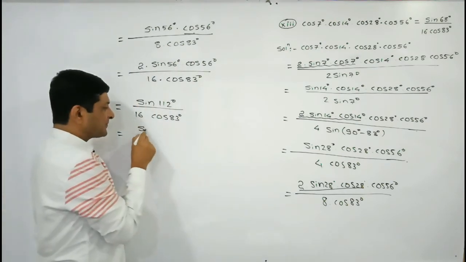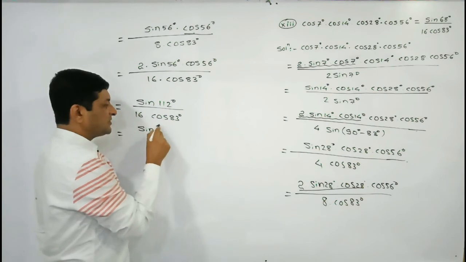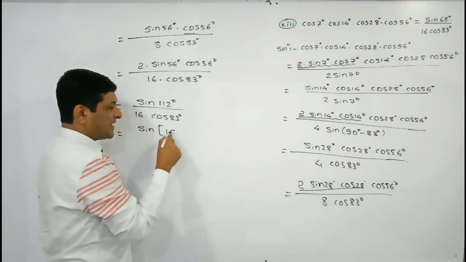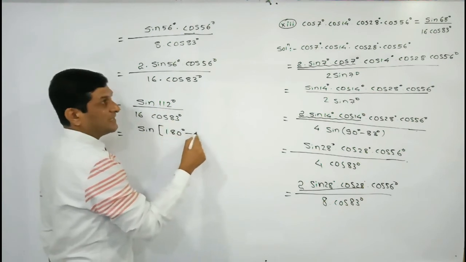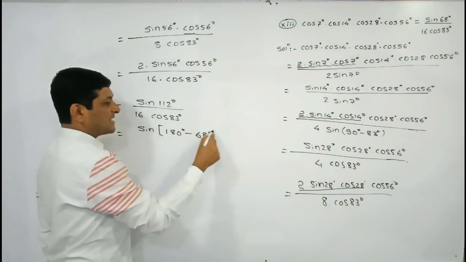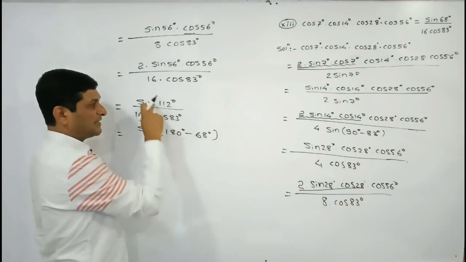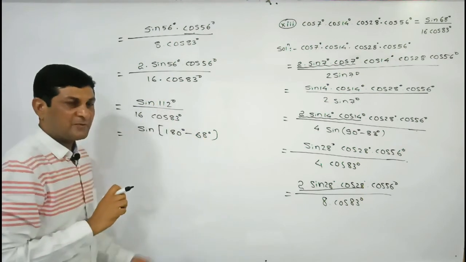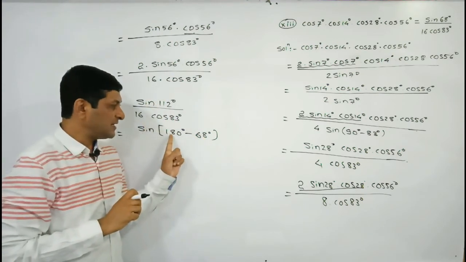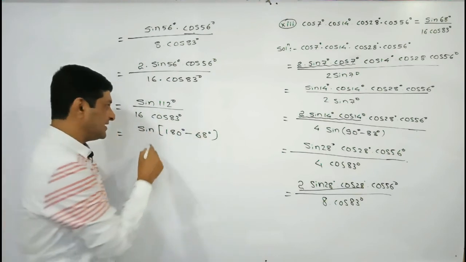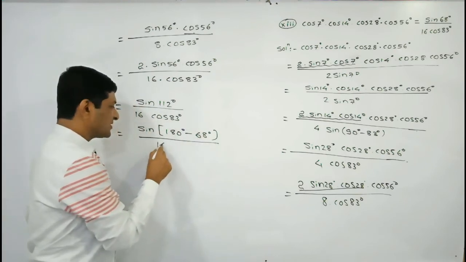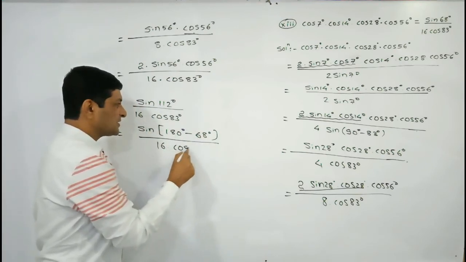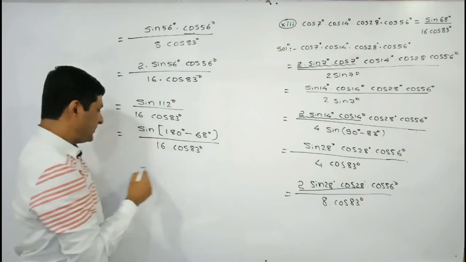So that's why, to keep sin as it is, can I write this 112 as 180 degrees minus 68 degrees? Check that this difference will be equal to 112. Yes, 180 minus 68 is equal to 112. So 112 can be written as 180 degrees minus 68 degrees. In the denominator, 16 into cos 83 degrees, keep it as it is.